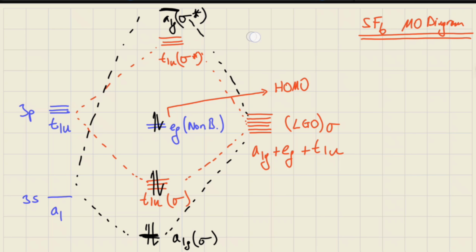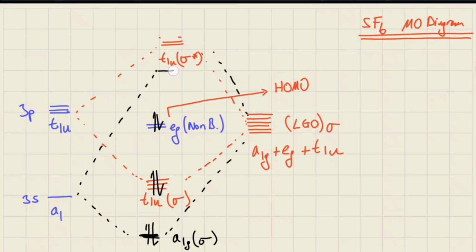This is the lowest unoccupied molecular orbital, but the issue is that I think this is a little bit lower in energy, so our A1g is here. So this is A1g, this is the other A1g, and this is the interaction. Okay, so our LUMO is here, so this is our LUMO. Sorry for this small mistake.